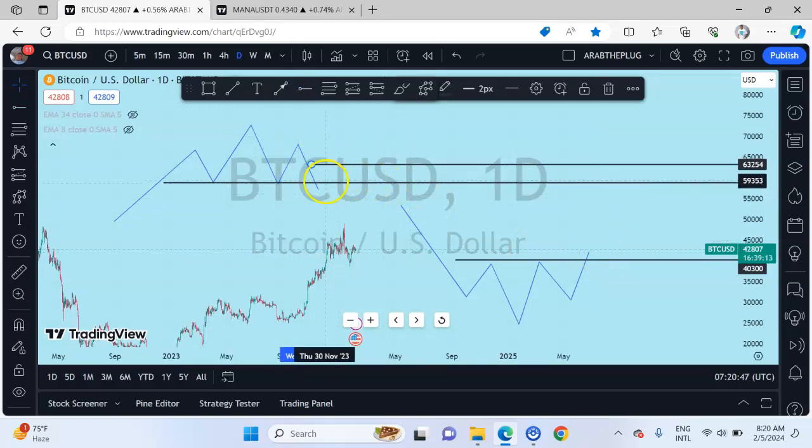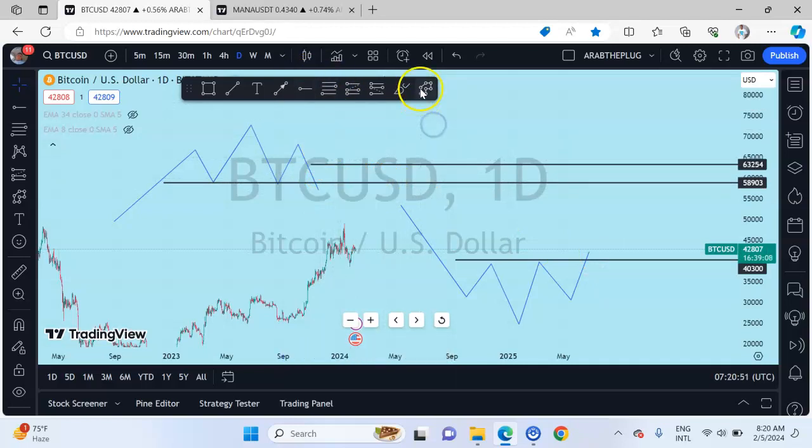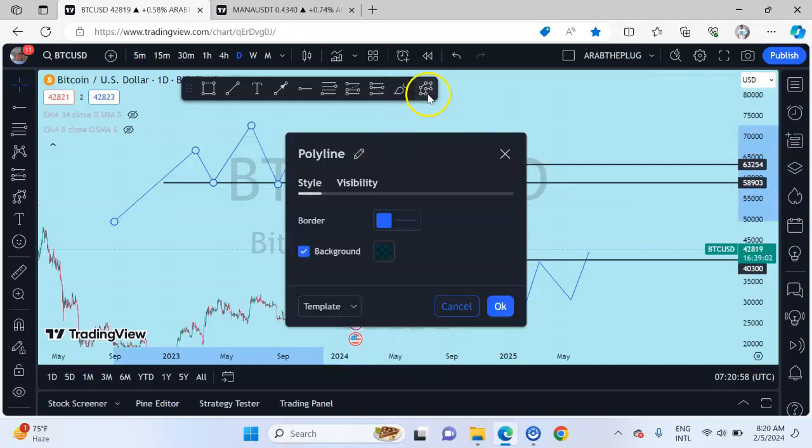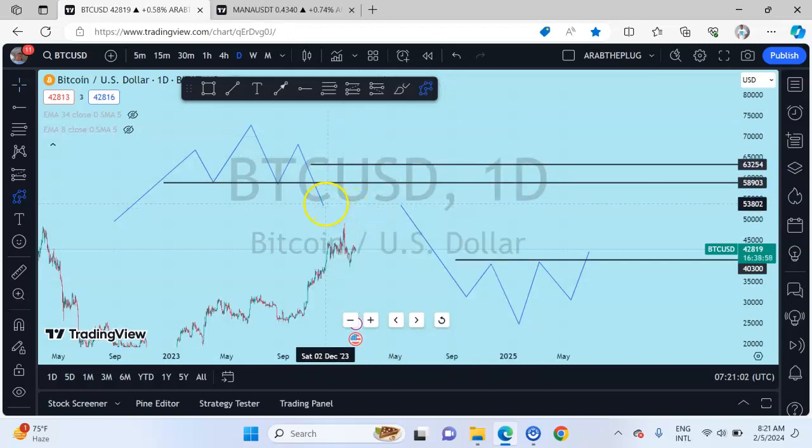Same thing, but if it does not break with momentum, then I would be expecting a pullback to this area of the neckline before I start shorting. So that is how I trade both the double top and the double bottom.